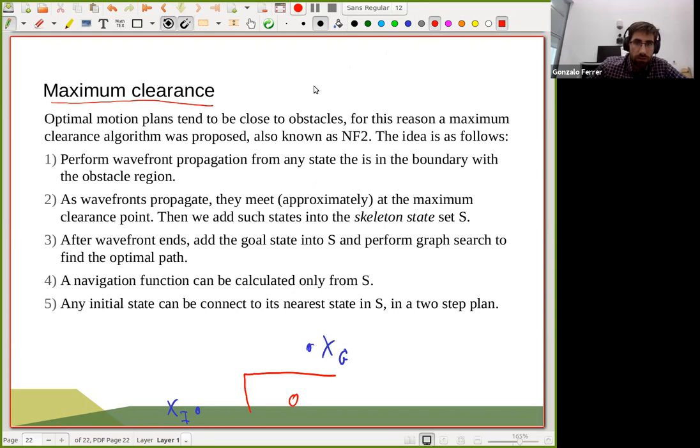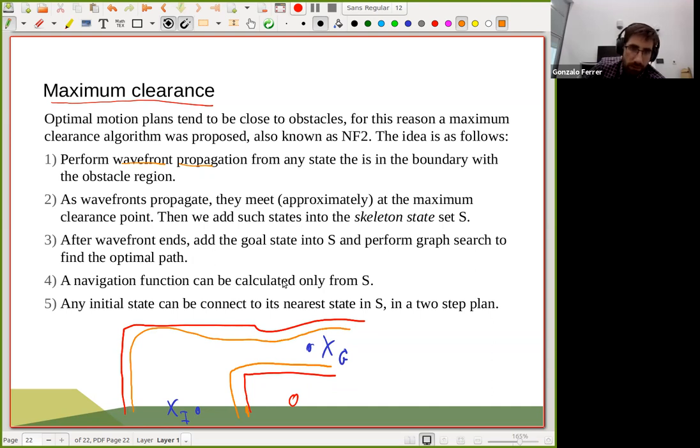So the idea is, okay, maybe let's add another obstacle. Okay, so the idea is that we do wavefront propagation from any state to the boundary with the obstacle region. So what does it mean? Instead of propagating from the initial state, we propagate from the boundary of the state region. So imagine we are doing length 1 and here length 1.